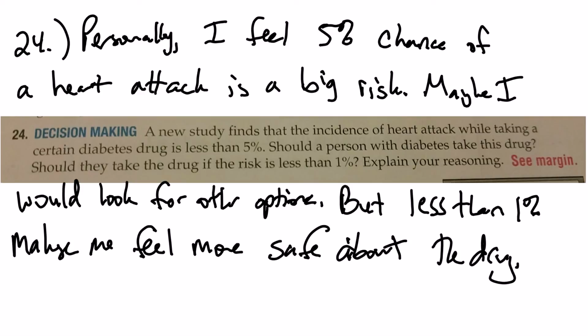And your answers could vary. Maybe you don't think 1% is enough. All right? But I think the biggest thing is understanding that 5% risk is worse than less than 1% risk. So however you explain that's good. And that's it for this assignment.